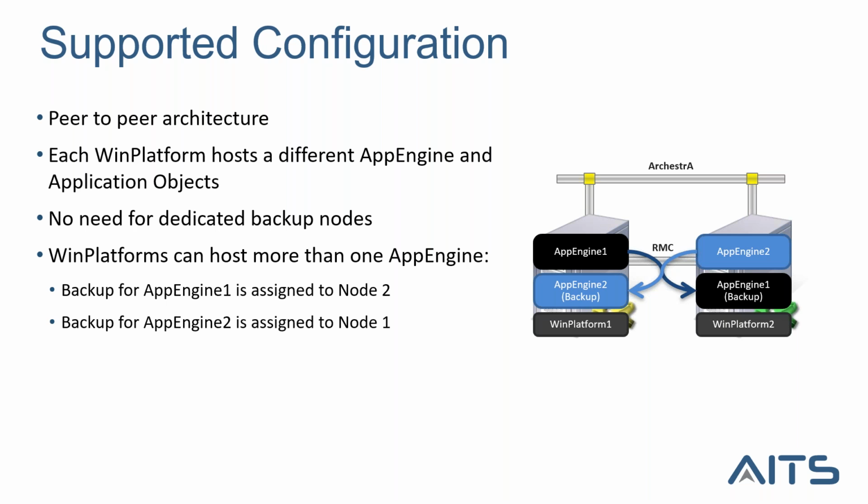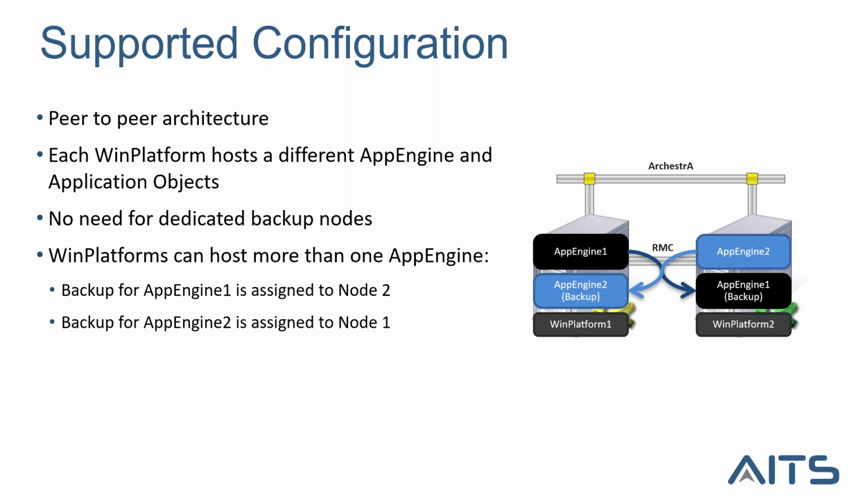So the backup of AppEngine 1 is assigned to node 2, and the backup of AppEngine 2 is assigned to node 1. This will balance the load of my application, and it's peer-to-peer. And I'm 100% sure that my performance will be okay.